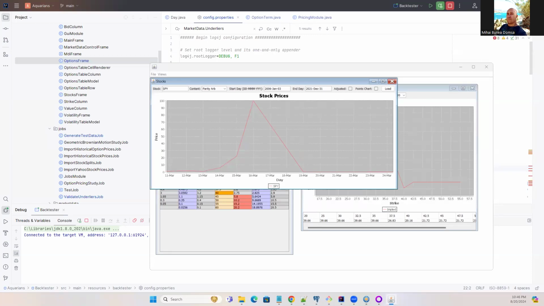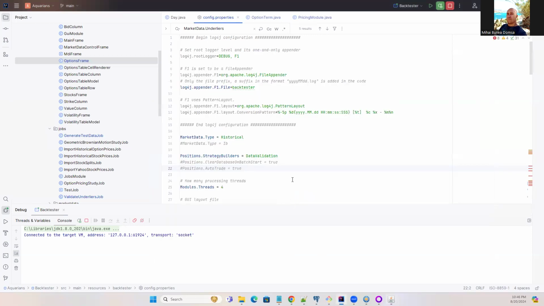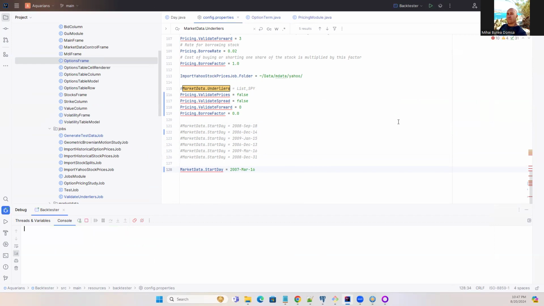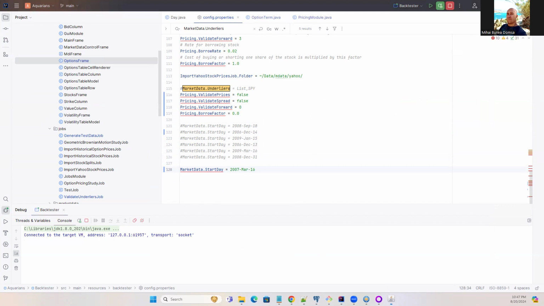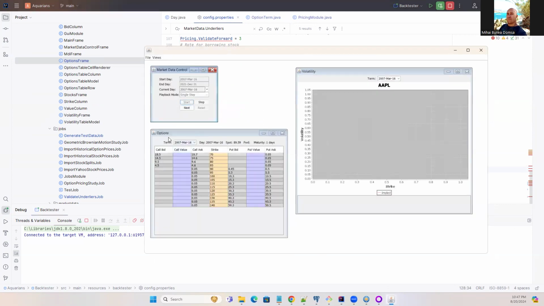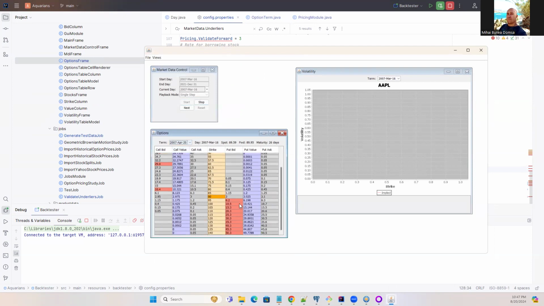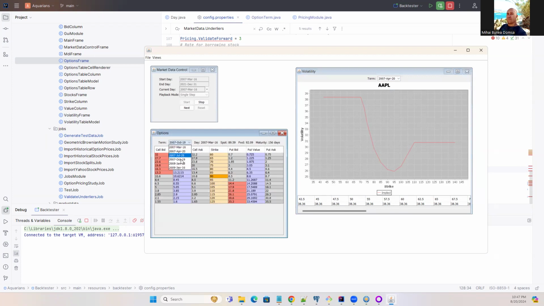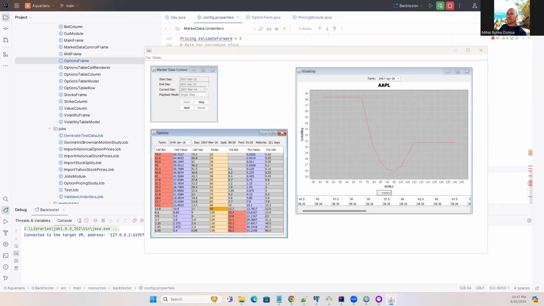So on the 16th of March 2007. March 16. Restart the application and take a look at that respective day. Here it doesn't look good. Seems to be pretty big on this day.